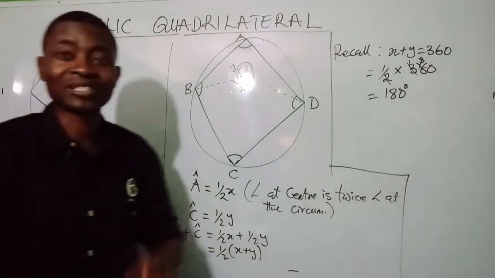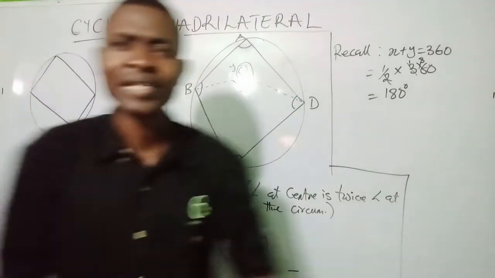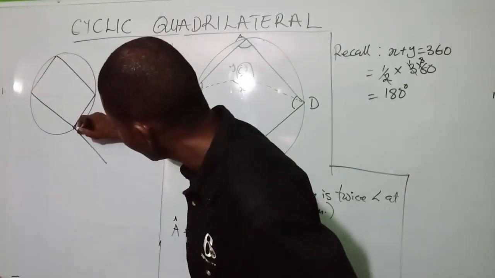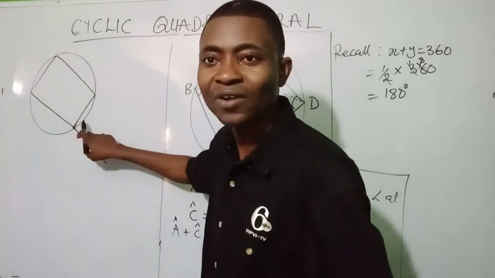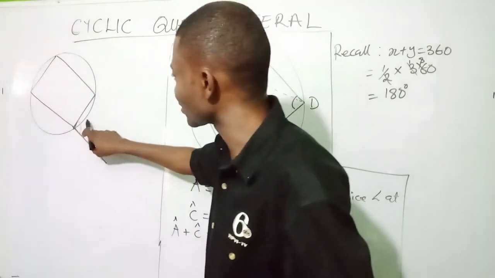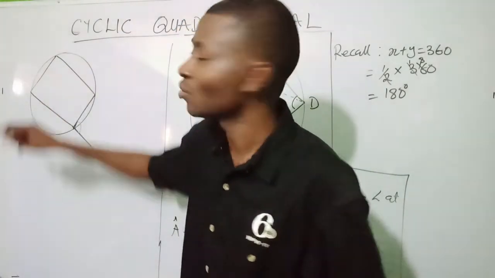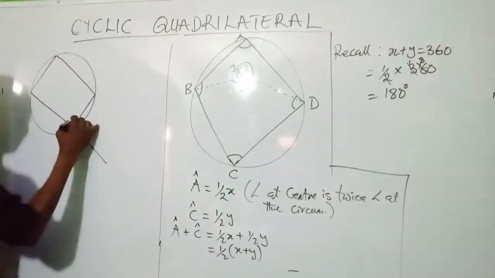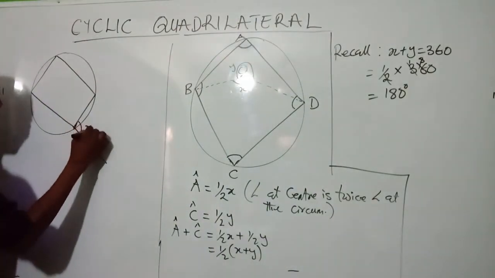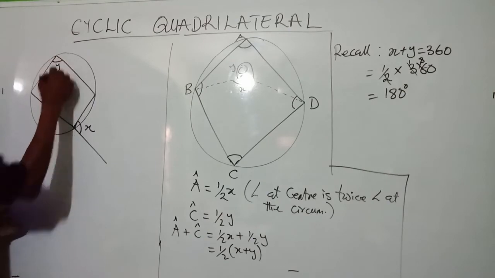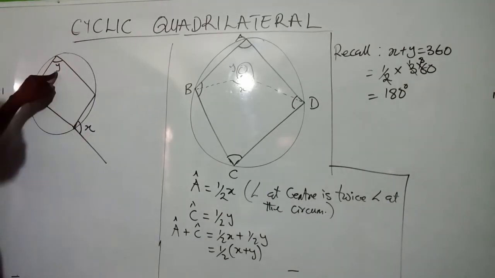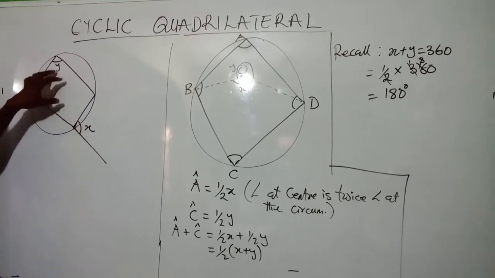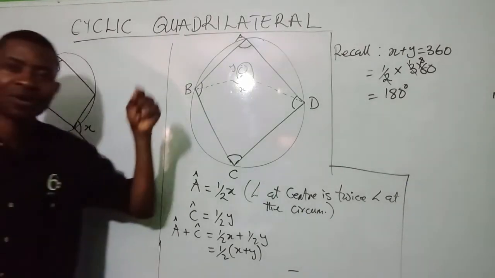Now, the second theorem states that the exterior angle of a cyclic quadrilateral is equal to its opposite interior angle. That means that this angle here, let me say this is x, and this is y, that x is equal to y. The exterior angle of a cyclic quadrilateral is equal to its opposite interior angle.